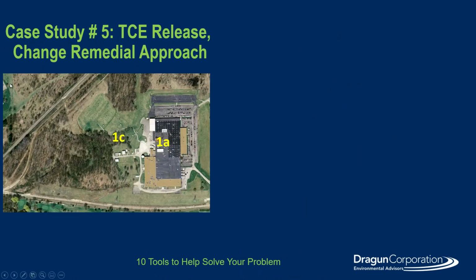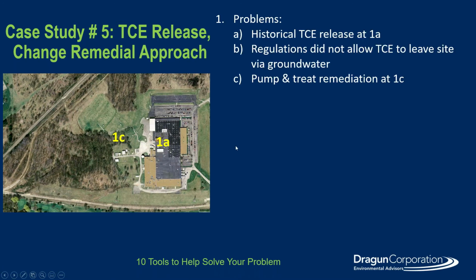Case study 5 was a TCE release at an aftermarket auto parts facility. At 1A, they had the TCE release, and the regulators had indicated that our client could not have any TCE leaving the site in the groundwater.